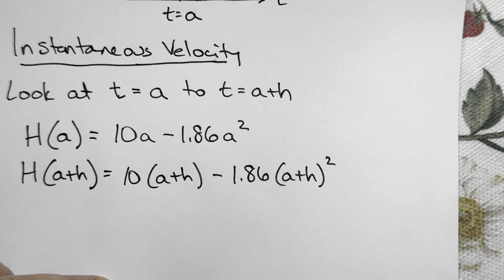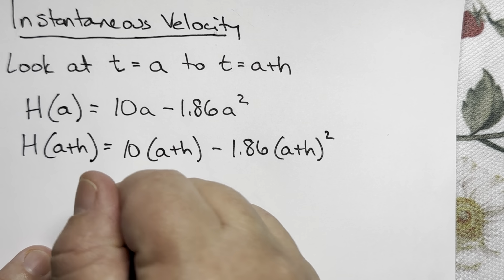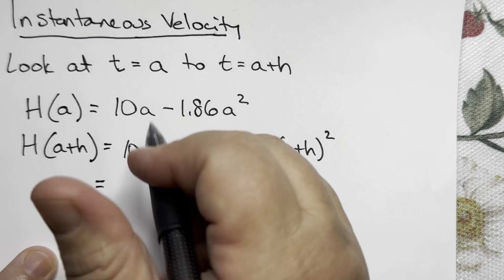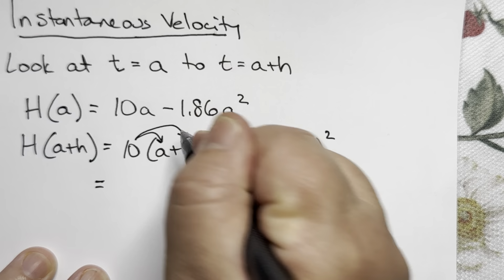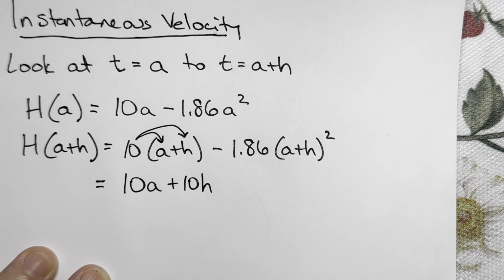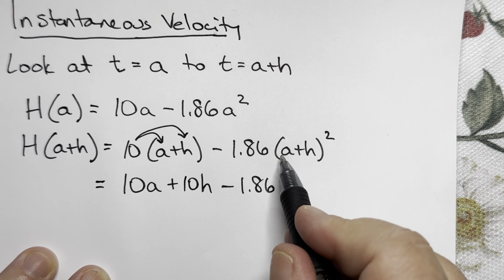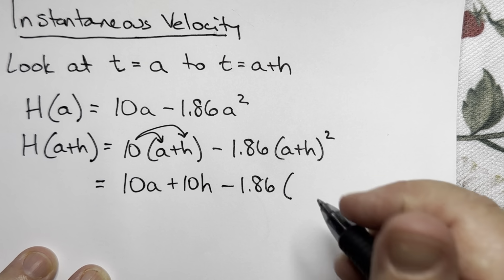Because we're going to have to multiply a plus h, the quantity squared. This is going to be 10 comes through, right? Multiplies times the a and the h, 10a plus 10h. And then this is going to be minus 1.86 times, and I'm just going to multiply this out. I happen to have this memorized.